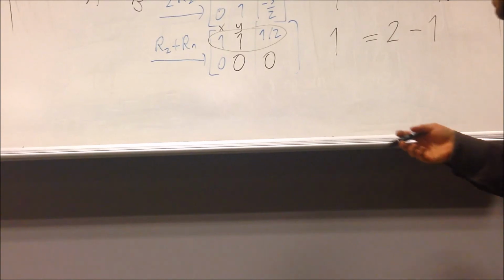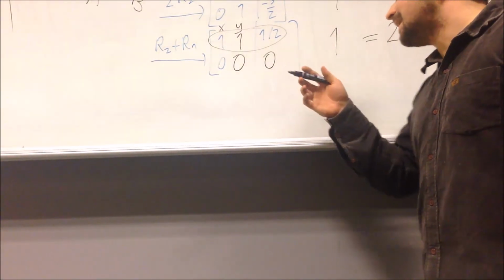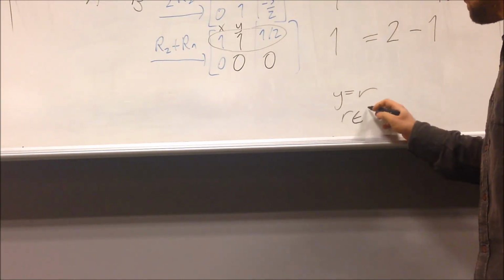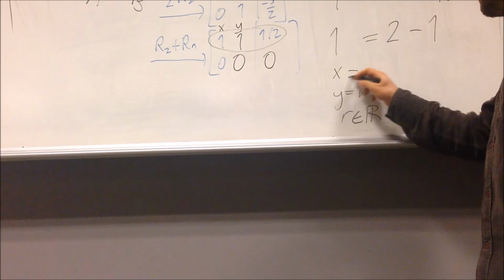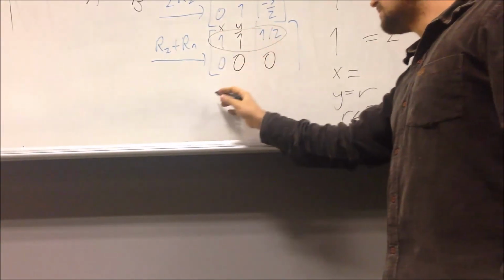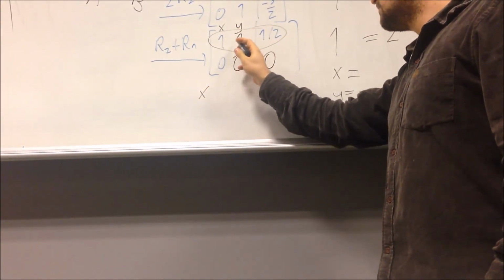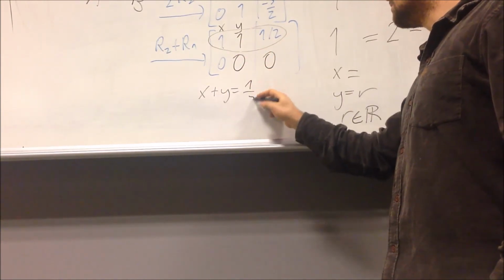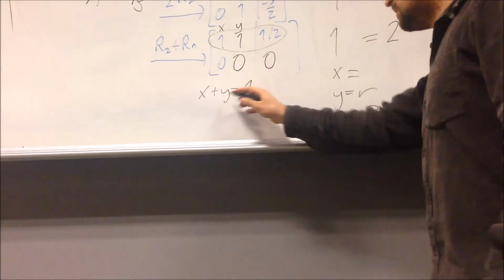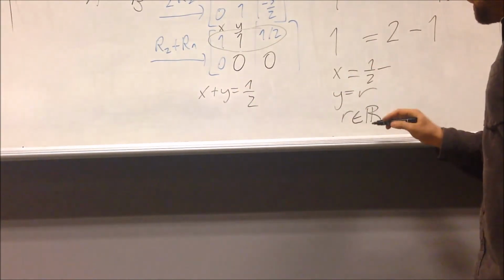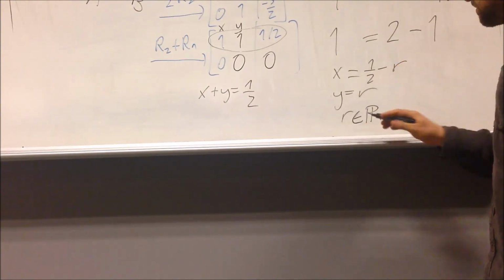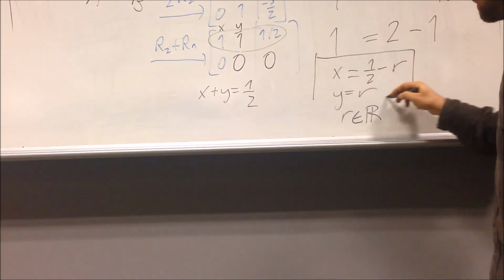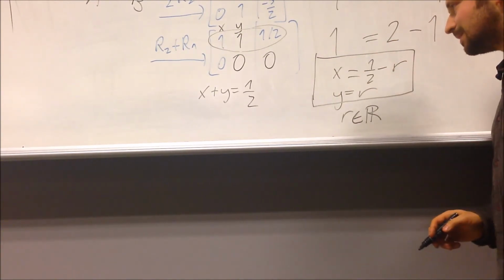By convention, we choose the last variable as the parameter, so y equals r, where r may be any real number. And what about x? Write down the equation that you obtain from the reduced matrix, x plus y equals 1 over 2. So x will be 1 over 2 minus r. We call y as r. Remember that. And that's it. This is indeed the family of infinitely many solutions.